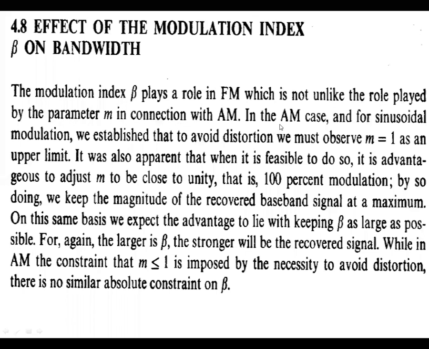In AM, sinusoidal modulation takes place. In order to avoid distortion, it should be observed that M is less than or equal to 1. M is the modulation index of AM, which is Am by Ac.